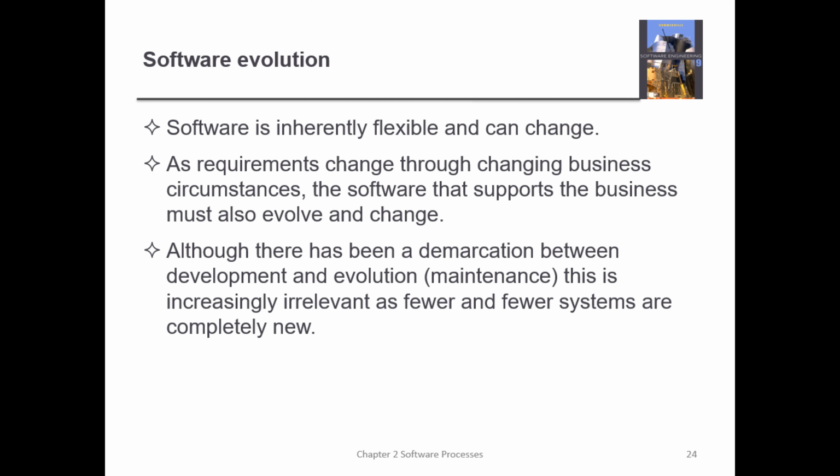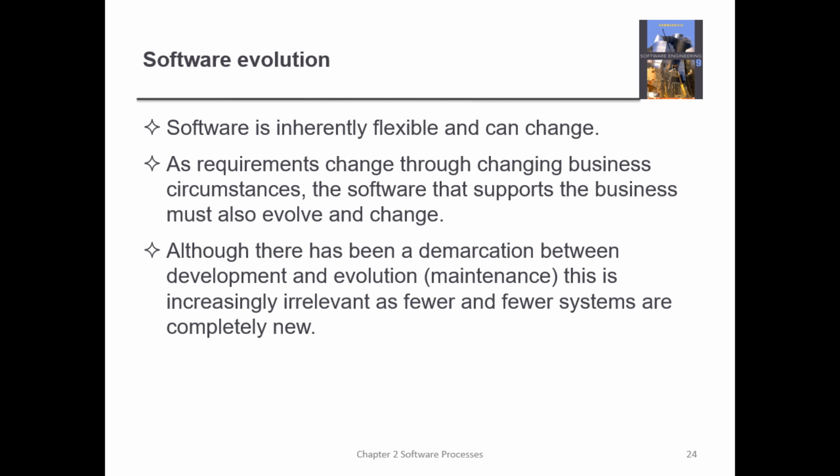So as a software developer, you must be able to incorporate the changes. So if the user has more modules that he or she requires, you must also be able to add them in your system. And that is what we call software evolution. So the system will evolve.